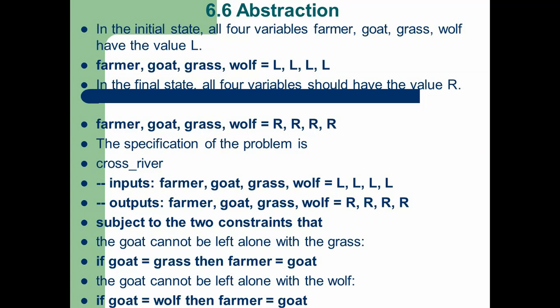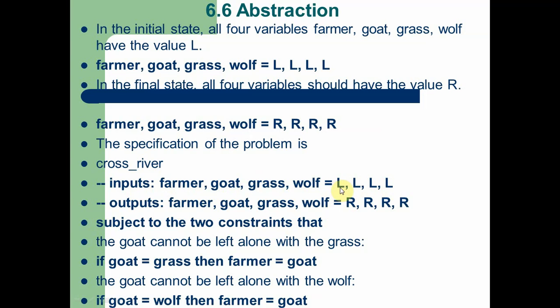Here the specification for this problem is: first, we decide the name of the algorithm, cross underscore river. That is the first step, the name of the algorithm. Second step, the input properties of the input variables. The farmer, goat, grass and wolf are all variables on the left side.